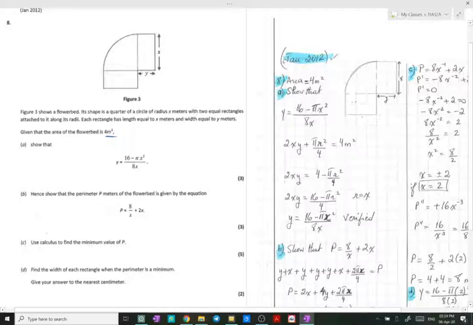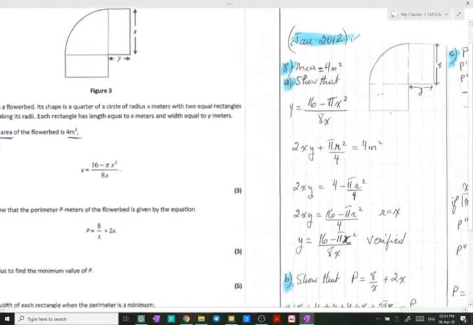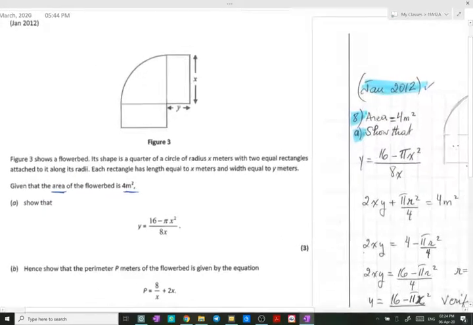So first let us find the area of this flower bed. In order to find the area we need to look at the figure of the flower bed.